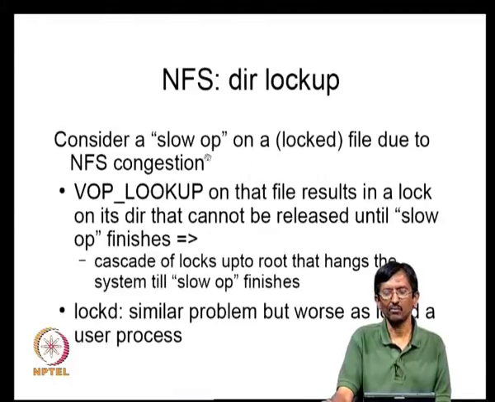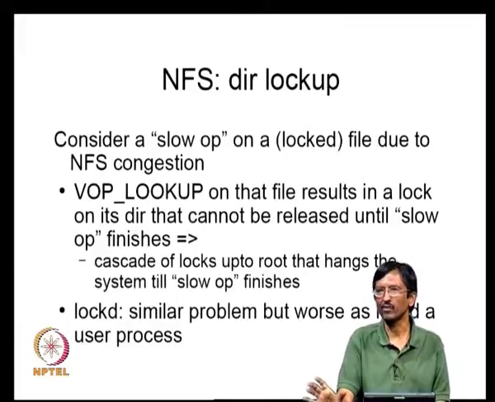Suppose you have a file on which some very slow operation is taking place, because somebody has done what is called file locking. This file locking is available at user level, and the user is updating things very, very slowly.